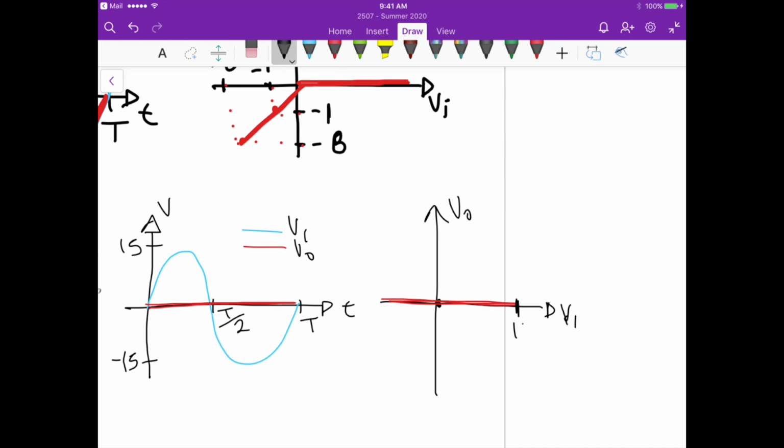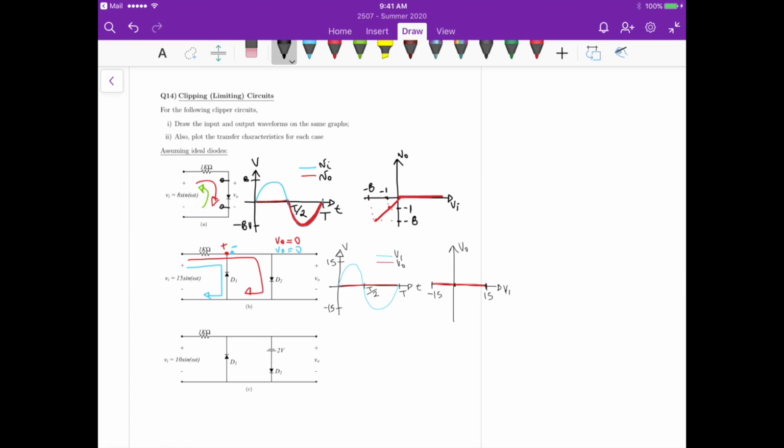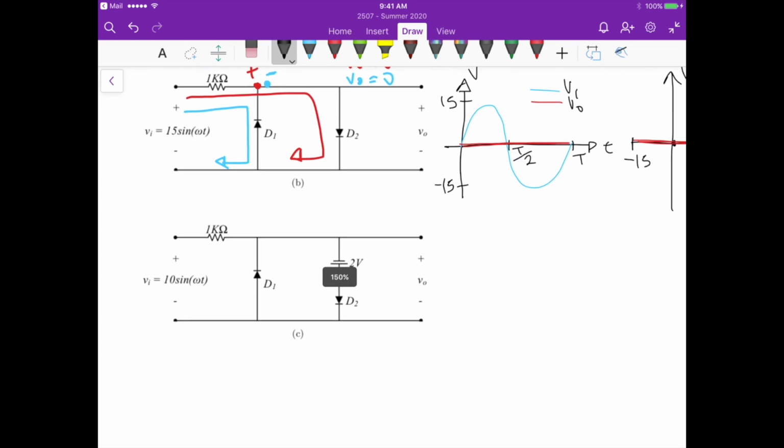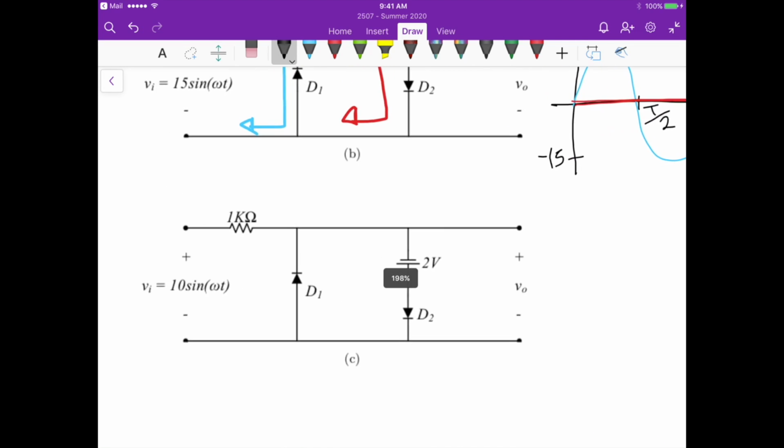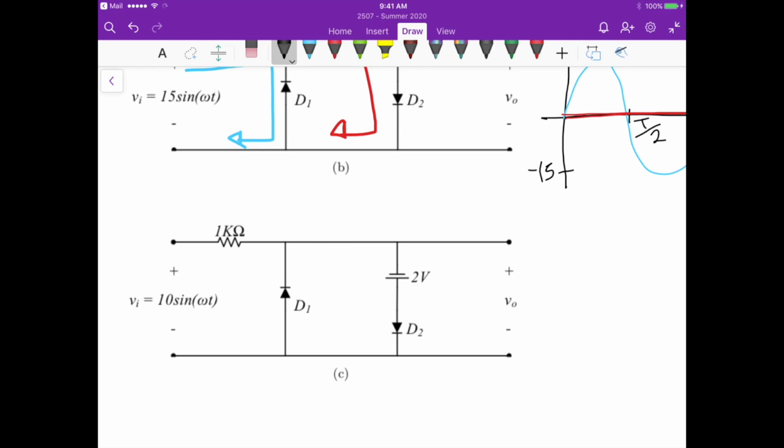From 15 up to minus 15 volts. Okay. And for the third circuit, now we have a voltage source of 2 volts connected in series with diode 2. So if the voltage at, because here we know it's 0, right?